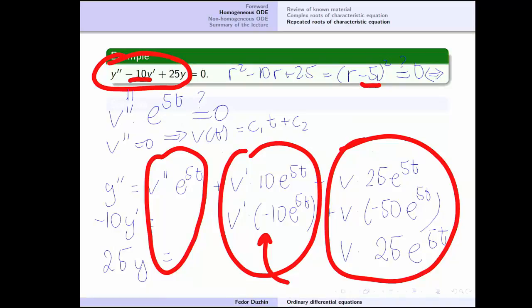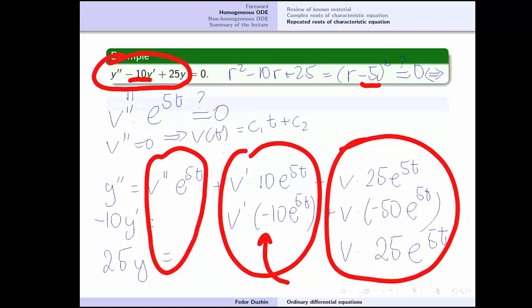0. So it's going to happen whenever this is true, because whenever we have a complete square, it means that the coefficient at y prime is going to be double the root of the characteristic equation. Whenever we try to do this trick with multiplication by v of t, here we are always going to get a cancellation. 10 minus 10, 20 minus 20, whatever, is always going to be like this.